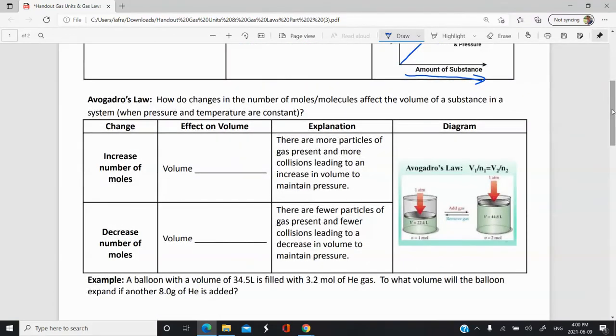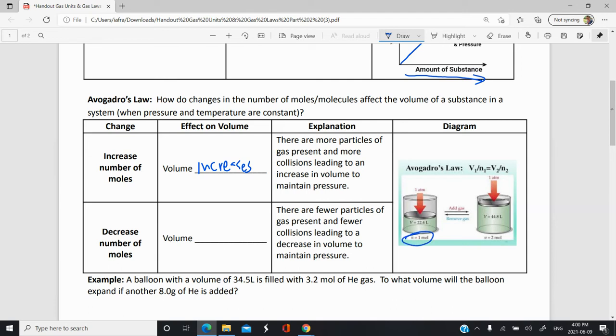And then we saw that we tried to explain this law. So again, Avogadro's law, we're trying to see how increasing or decreasing number of moles will affect the volume. So if you increase the number of moles, the volume increases in order to try to maintain the pressure. Since you have more collisions due to more particles, the volume's gonna have to increase.